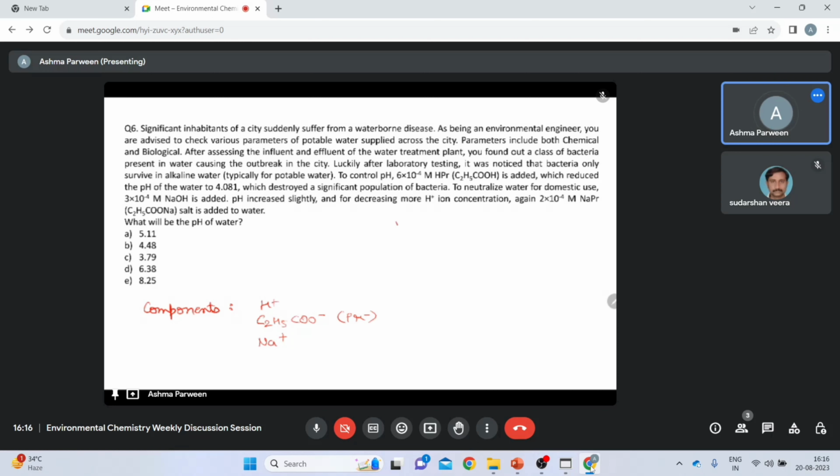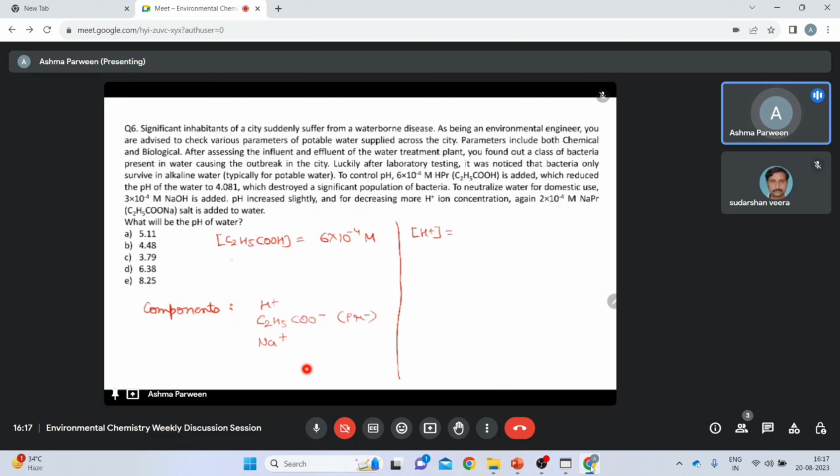So let's see the total H plus added. Let's first write what is the concentration we are adding. We are adding C2H5COOH as 6 into 10 raised per minus 4 moles per liter.